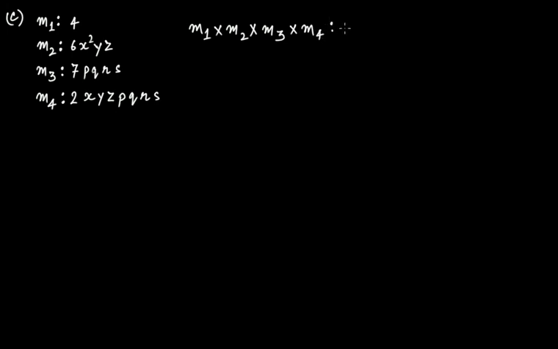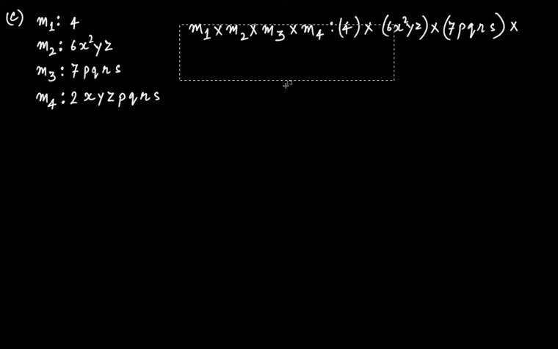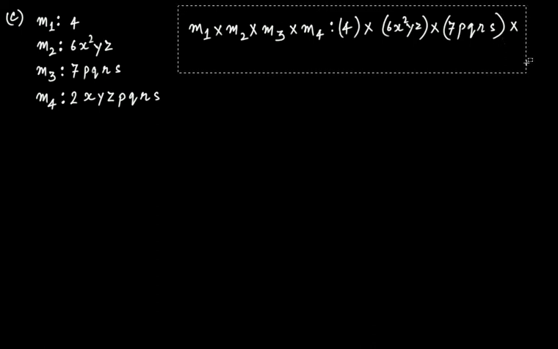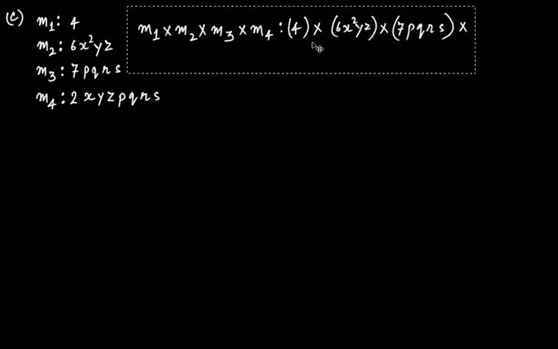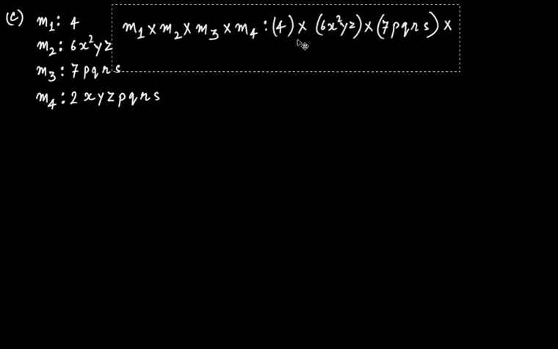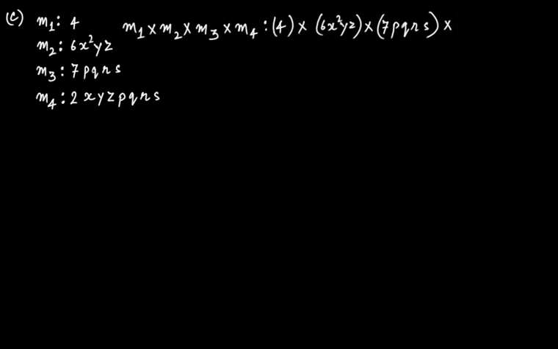That is 4 multiplied by 6x squared yz multiplied by 7pqrs, then multiplied by 2xyzpqrs. This is one monomial.